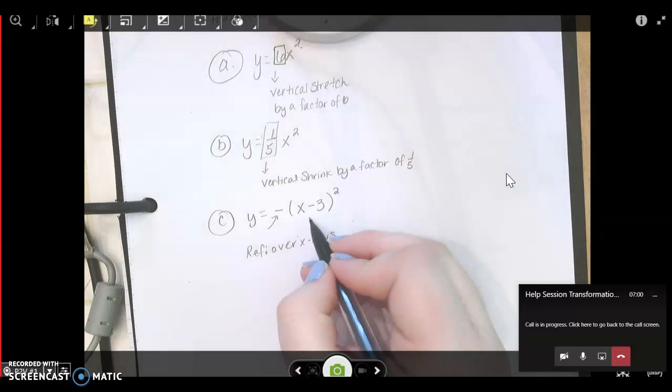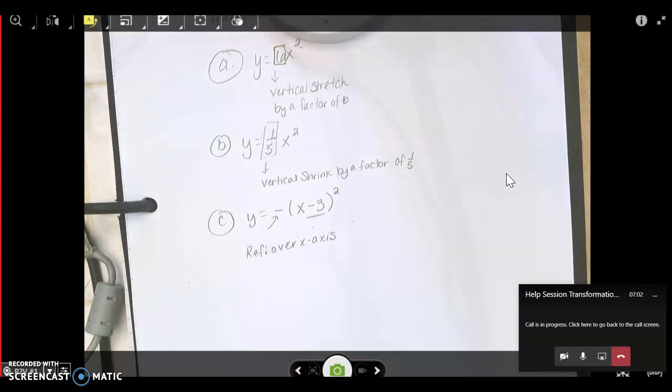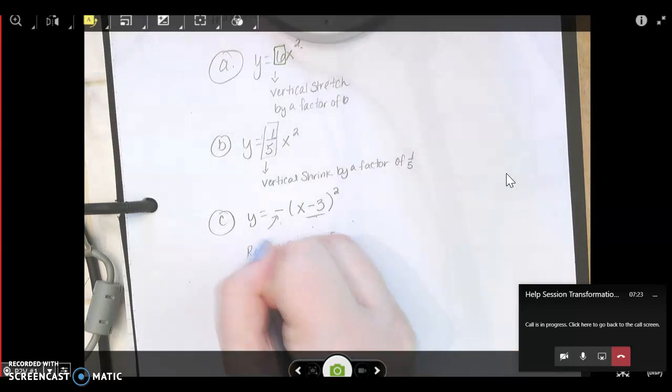And this -3 right here, remember it's in the parentheses, so it's opposite of what you would think. It says -3, so you're inclined to say go left 3, because inside the parentheses is your left and right movement. But it's actually going to be right 3 because it's opposite of what you would think. So reflection over the x-axis and right 3 units.